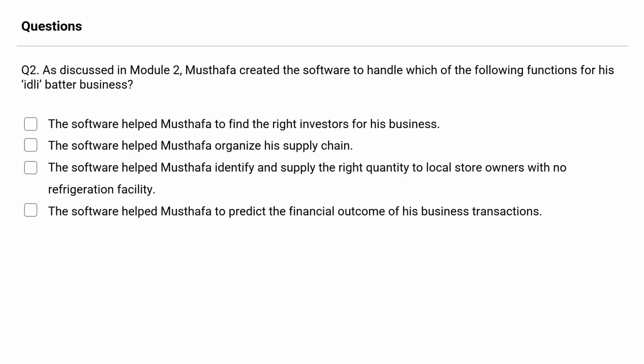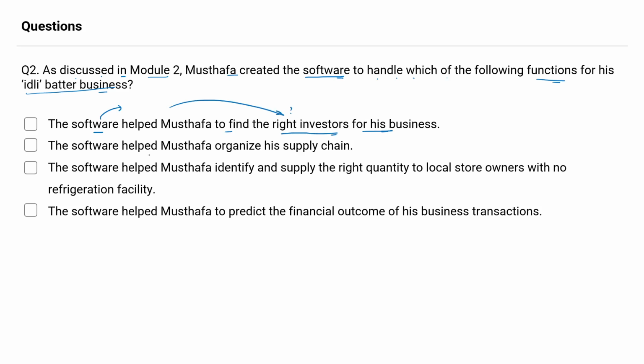Okay, now comes question number two. As discussed in module 2, Mustafa created a software to handle which of the following functions for his idli batter business? The options are: the software helped Mustafa to find the right investors for his business. So, was the software for finding investors?